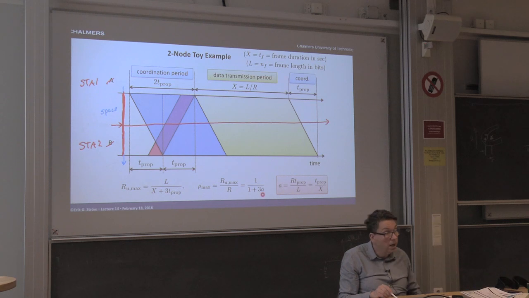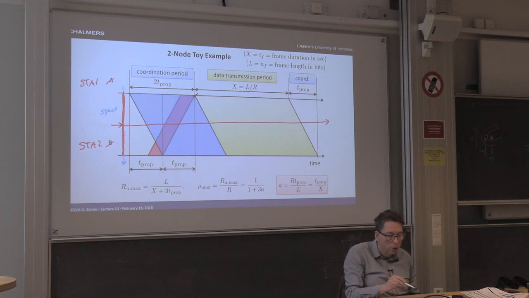And this A again is the normalized delay bandwidth product: delay bandwidth divided by frame length L in bits. Or if you like, it's the propagation time divided by X. So when this propagation time is long compared to X, we have problems.